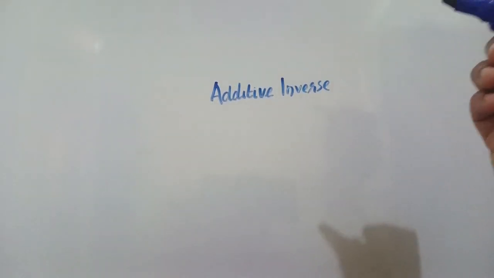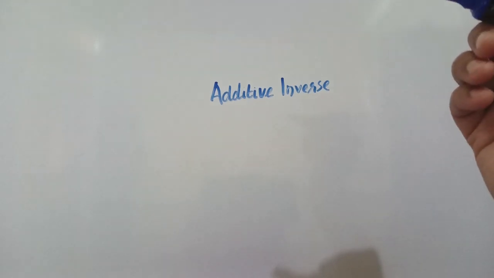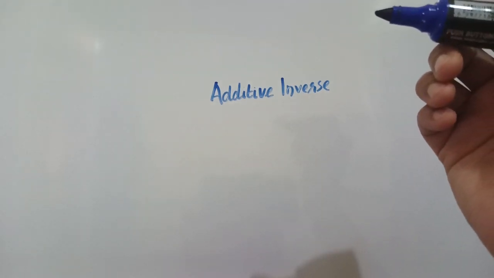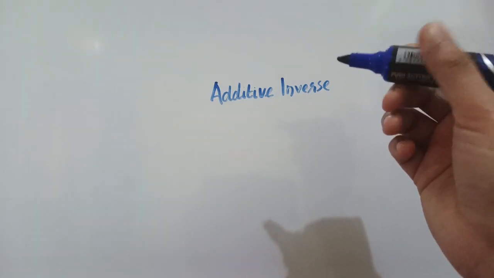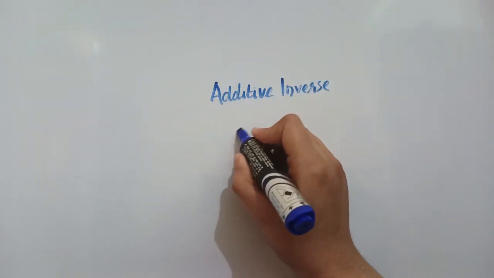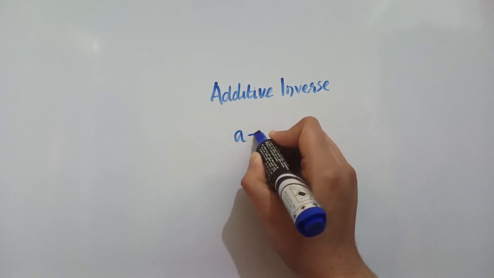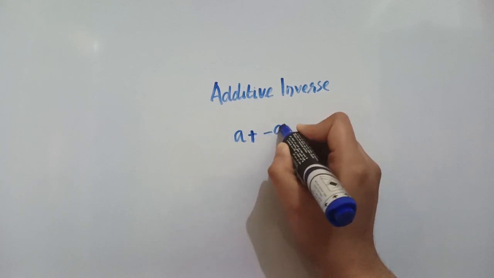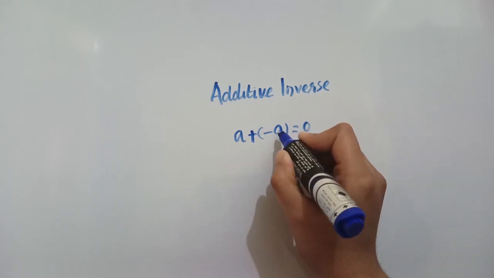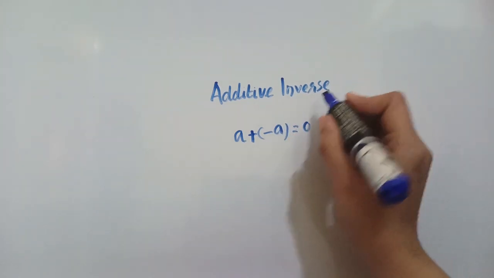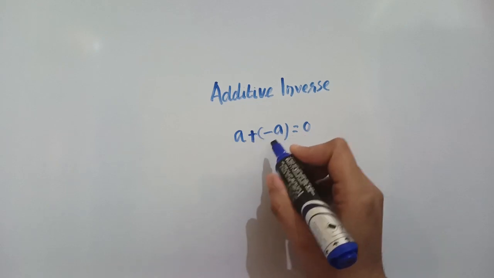Next, additive inverse. For addition, the inverse of a real number is its negative, and for multiplication, the inverse is its reciprocal. First we can look at the additive inverse for addition. a plus minus a is equal to 0. Minus a is its additive inverse, that is its negative.